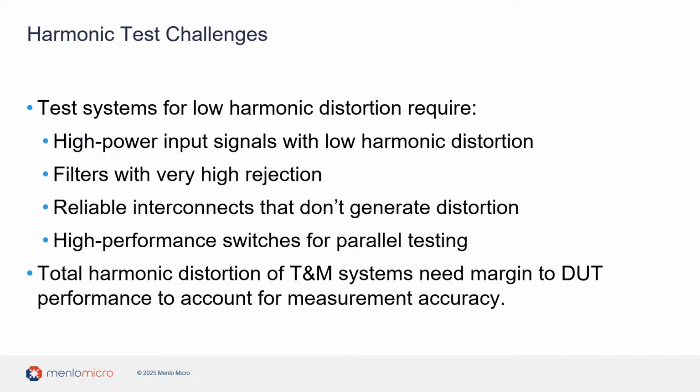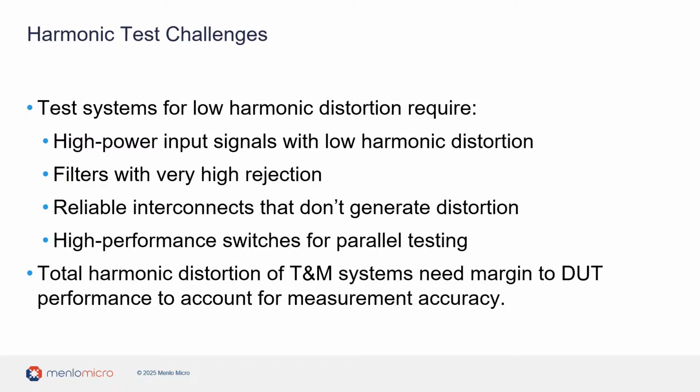A test system to measure very low harmonic distortion requires a high power input signal that itself has low harmonic distortion, filters with very high rejection for any of the generated harmonics in the system, reliable interconnects that themselves don't generate distortion before reaching the DUT, and potentially high performance switches for parallel testing of multiple DUTs.